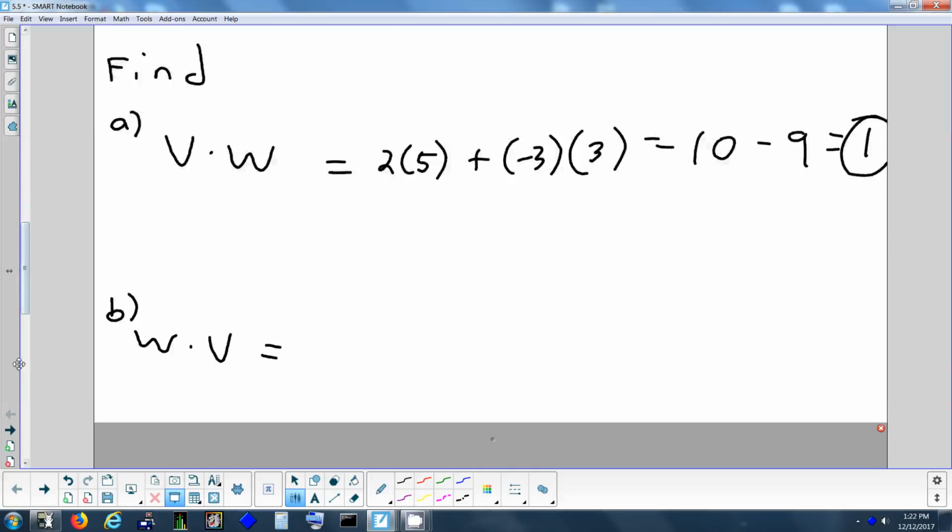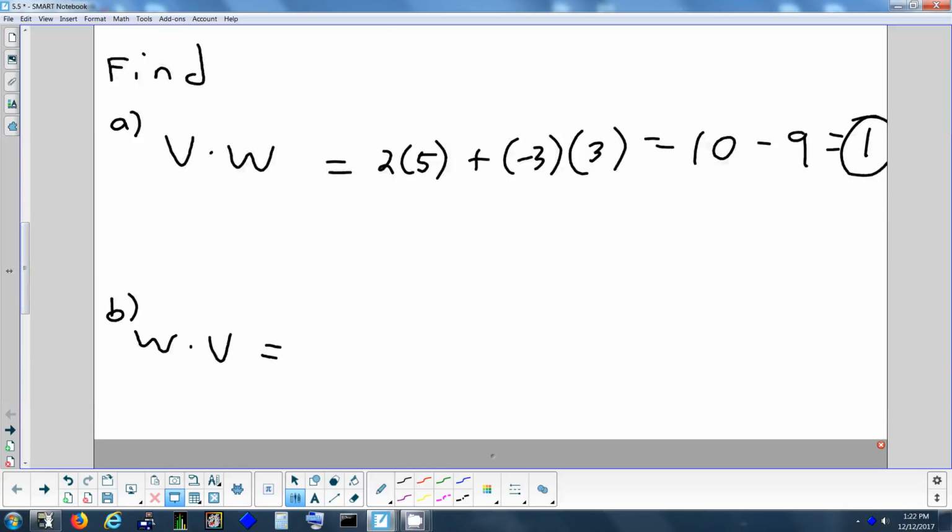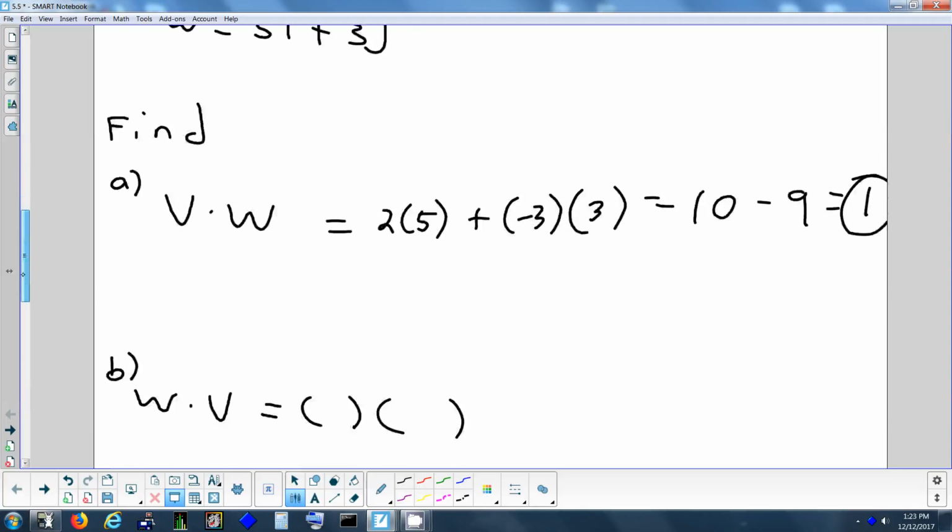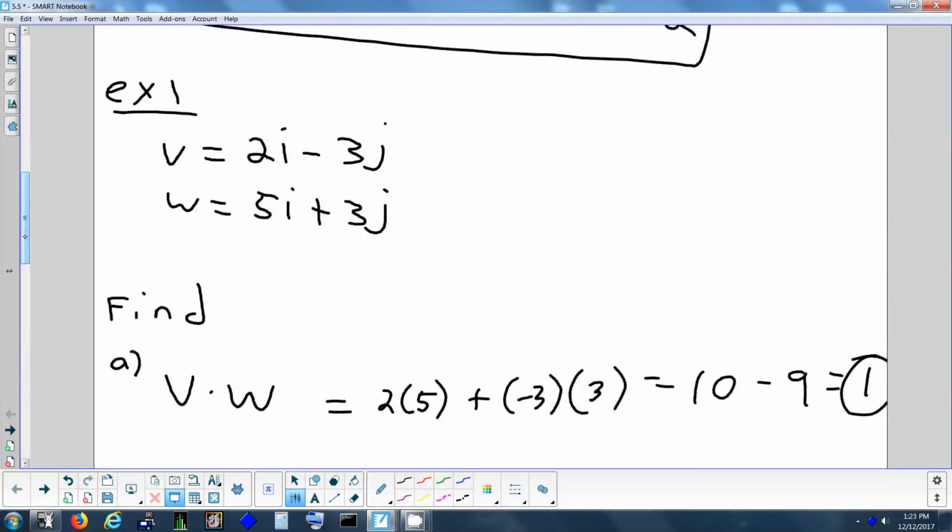Okay, let's try the other way. w dot v. What would I multiply in the correct order to do w dot v?